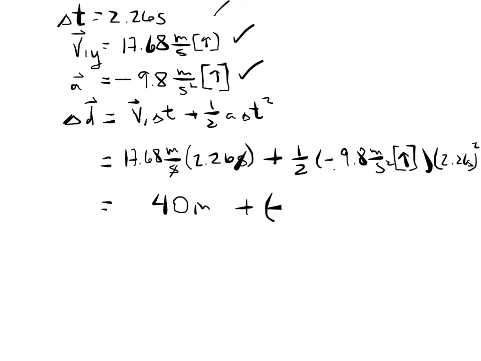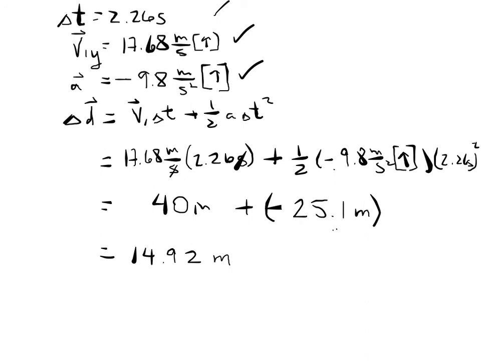We get an answer of negative 25.1 meters. This is rounded. Just for writing though, I left the whole number in my calculator and subtracted the unrounded number from 40, to give us 14.92 meters.